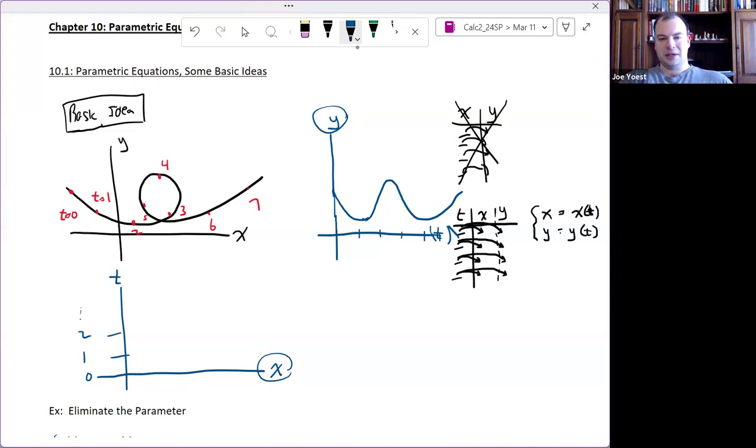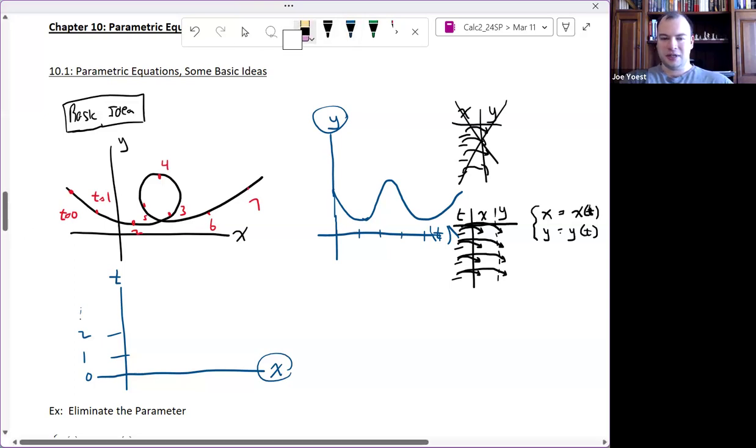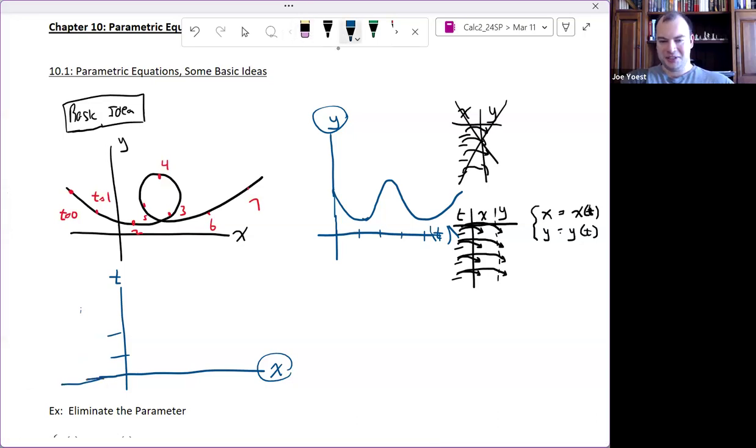So what happens to x as t evolves? I need to give myself a little more room on the left here. I'm not doing a good job of planning ahead for my graphs. But I see that when t is 0, x starts way off here to the left. When t is 1, x moves to the right a little bit.